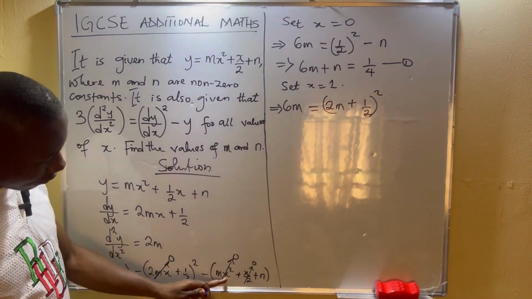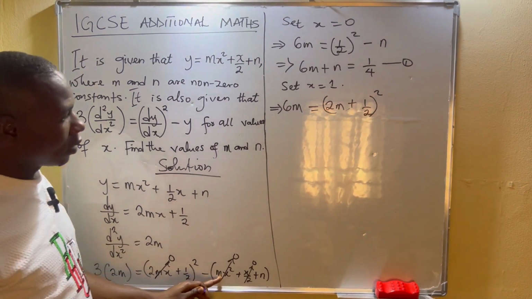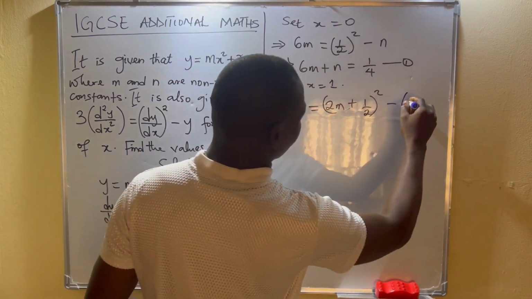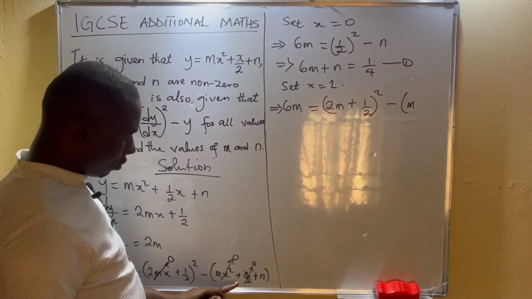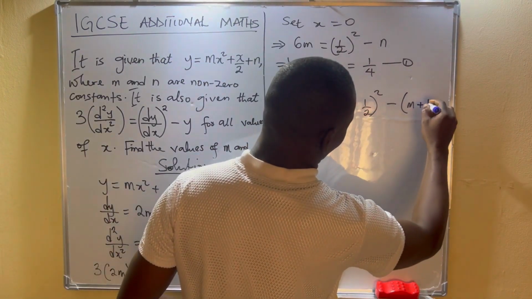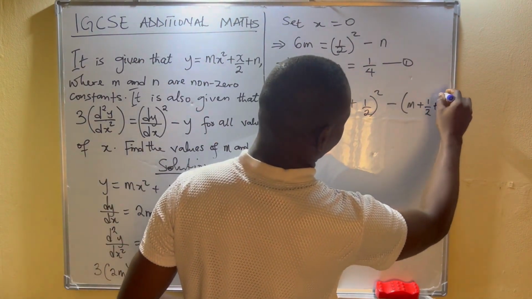Then here I will have m times 1 squared. 1 squared is 1 times m. I have minus m plus 1 over 2 plus n.